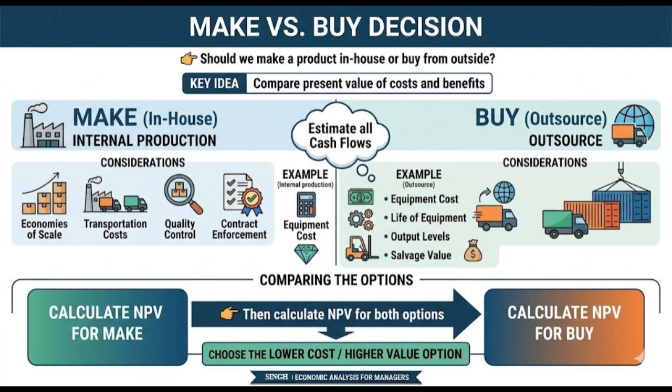In applying these concepts to real managerial choices, one of the most common questions is whether a firm should make a product in house or buy it from an outside supplier. A decision that ultimately depends on comparing the present value of all relevant costs and associated benefits.